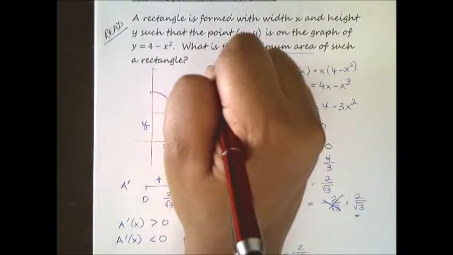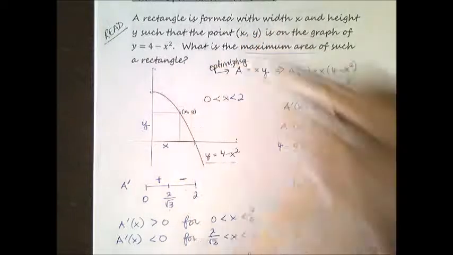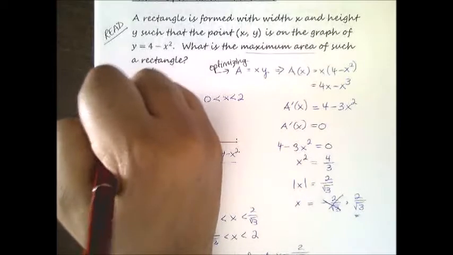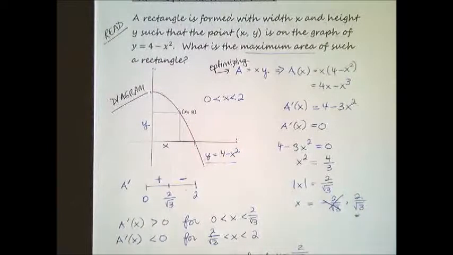This is my optimization equation. Now, before I do that, I might want to draw a diagram. When it's possible and appropriate to draw a diagram, I suggest always doing it. A labeled diagram will make it a lot easier to come up with your optimization equation and your optimization function.